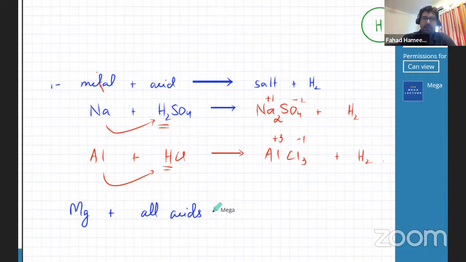I'm going to share the board link in the group, and that's your assignment. I'll make a Google Classroom for you. Here's the board link. So magnesium with all acids. That's the assignment. Is that clear? And balance the equations.